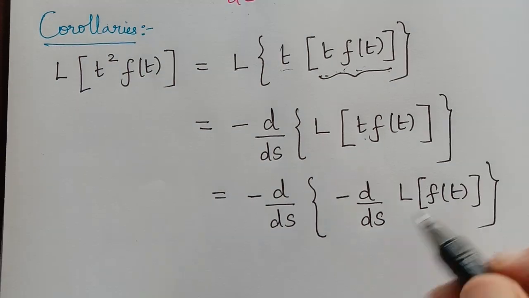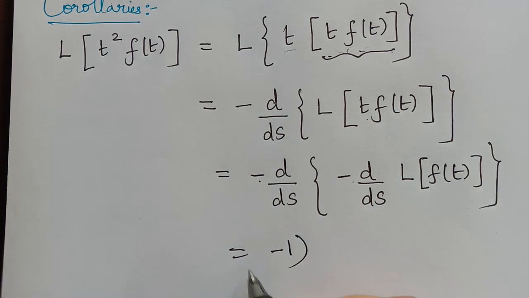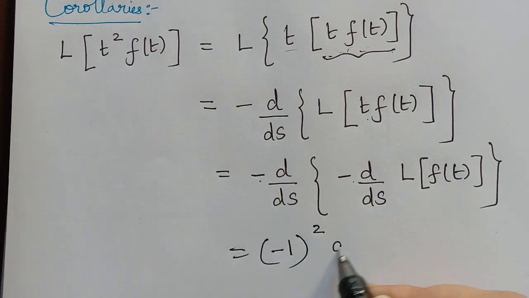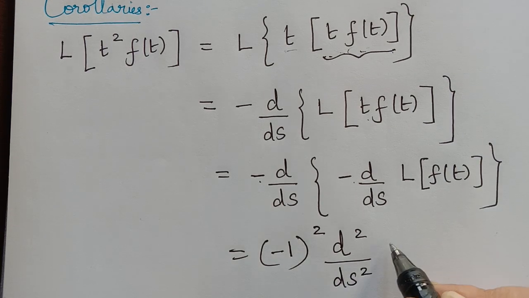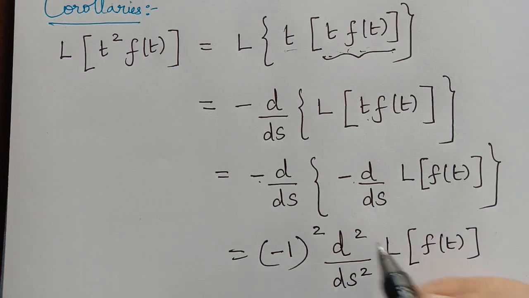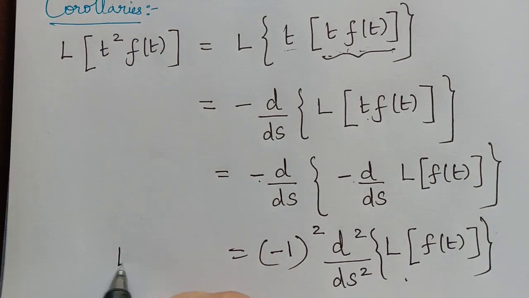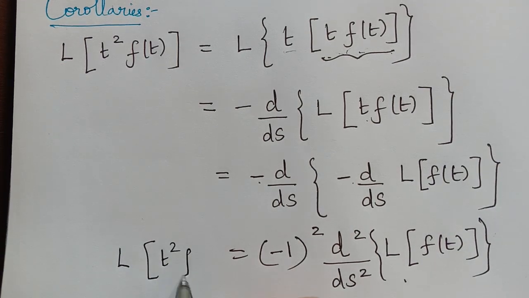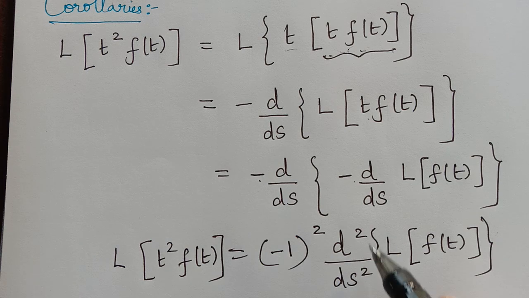Combining this, the negative 1 and negative 1 get multiplied and we can write it as negative 1 square, and this will be d square by ds square of L of f of t. So this is the required result. Therefore L of t square f of t will be equal to negative 1 square d square by ds square of L of f of t.